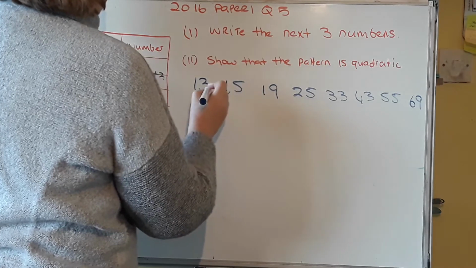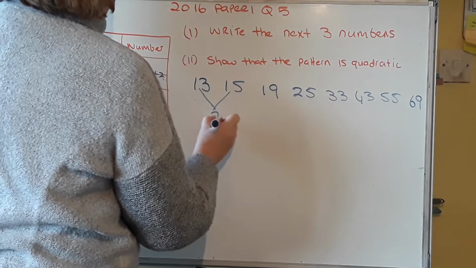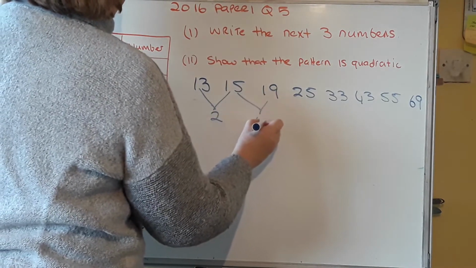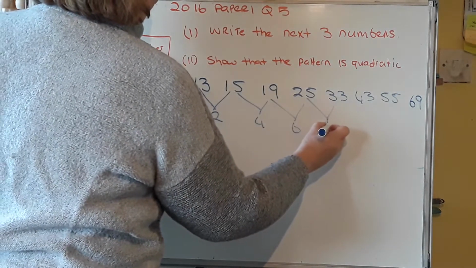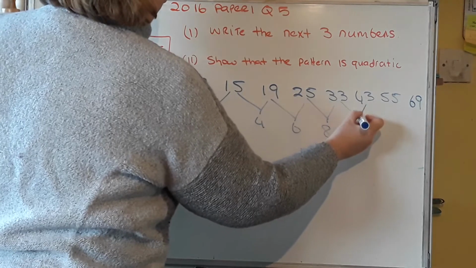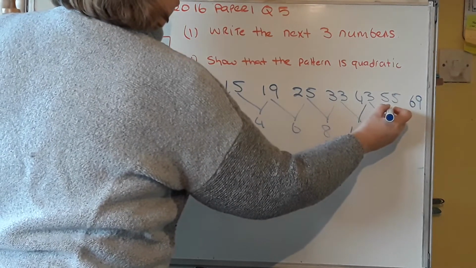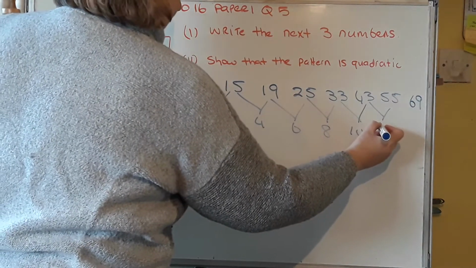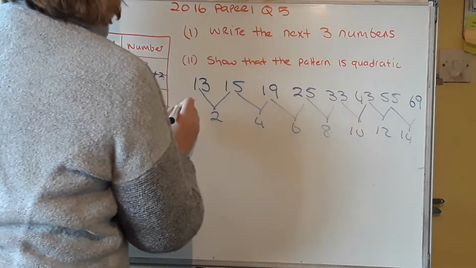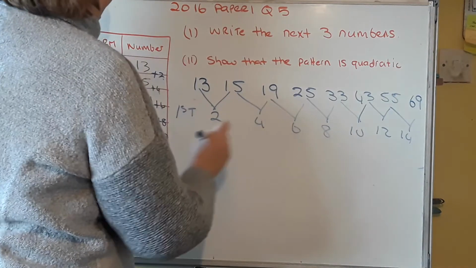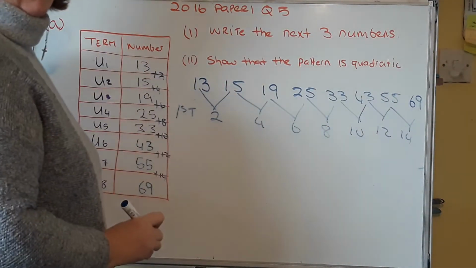What you add to each? Well, we've already worked them out. It's 2, 4, 6, 8, 10, 12, and 14. So that's the first difference. Okay, and they're all different numbers, they're not a constant.